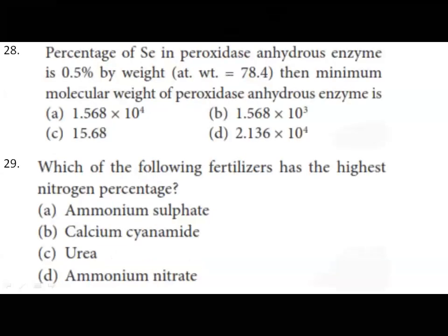Okay. Next question. Percentage of selenium in peroxidase anhydrous enzyme is 0.5% by weight. Atomic weight of selenium is 78.4. Then the minimum molecular weight of peroxidase anhydrous enzyme is. So peroxidase anhydrous is a type of enzyme.